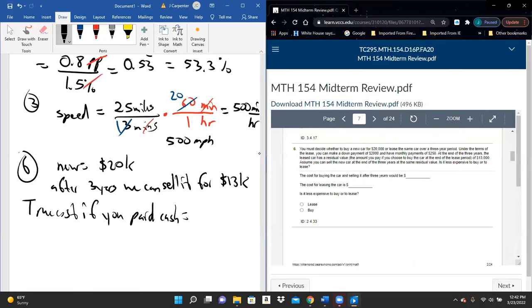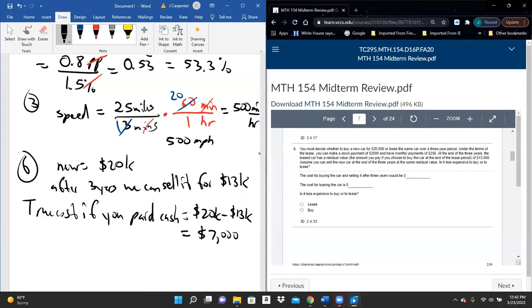But at least when you threw 20 on the table 3 years ago and now you're going to walk away with 13, that means that your true cost, ignoring all other costs of the car, is the difference of what you paid and what you sell it for, which is $7,000. Now that's if you bought it with cash and you sold it and got that $13,000. That's the true cost after you're done with the car.